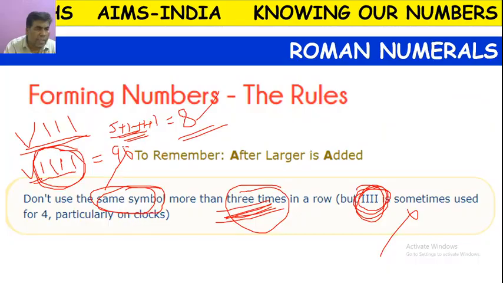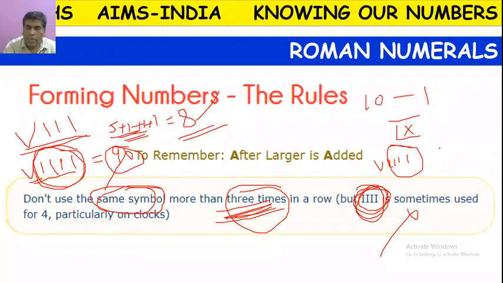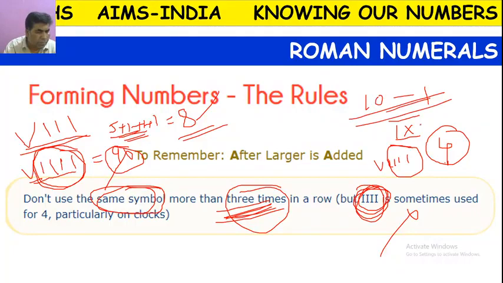So for writing 9, we have written 10 minus 1, IX. We cannot add I 4 times, so in the form of subtraction we have written 9.